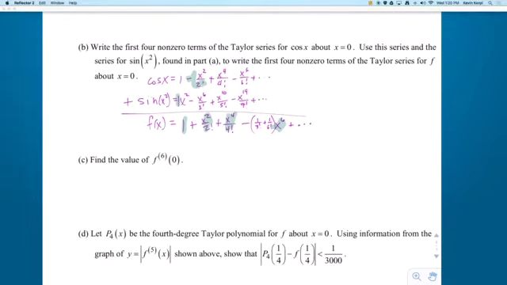Now it says to find the value of the 6th derivative of f at 0. How am I going to do that? We have f of x now. And remember, the 6th derivative of the function at 0 is partially related to the coefficient of the 6th degree term, right?